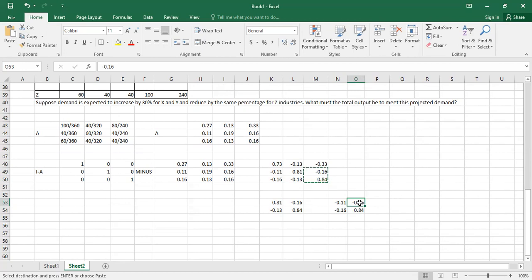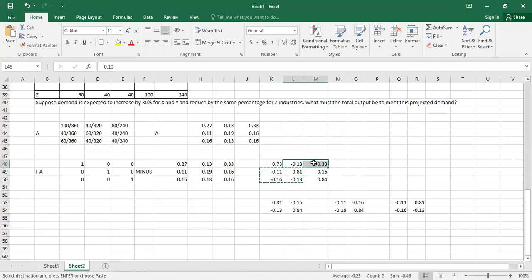Then I go for the third one. I hold this and this constant, so I'm going to pick this. I go to the second one. I'll hold this and this. I'm going to pick this. I go to the second one.